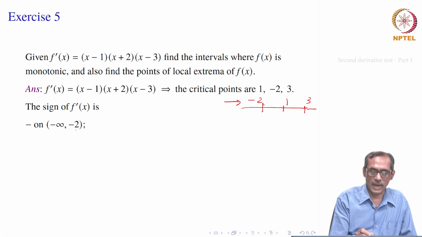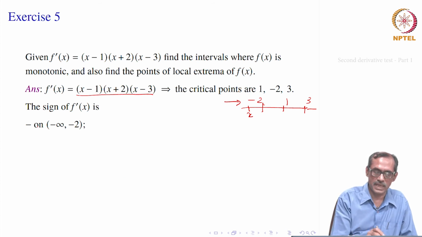Okay. So, on minus infinity to minus 2, when x is smaller than minus 2, we see the sign of it. Here x minus 1 is negative, x minus of minus 2, that is x plus 2, is also negative, and x minus 3 is also negative. So, f prime is negative on minus infinity to minus 2.